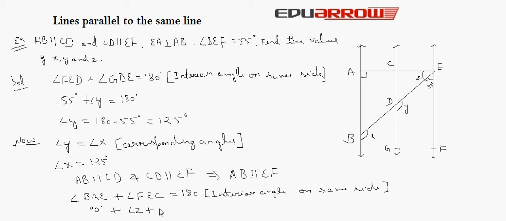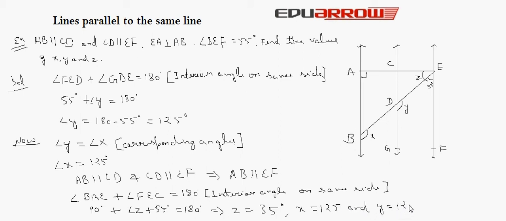Now angle BAE is equal to 90 degrees, given, and angle FEC is equal to angle Z plus 55 degrees is equal to 180 degrees. Therefore, Z is equal to 35 degrees.